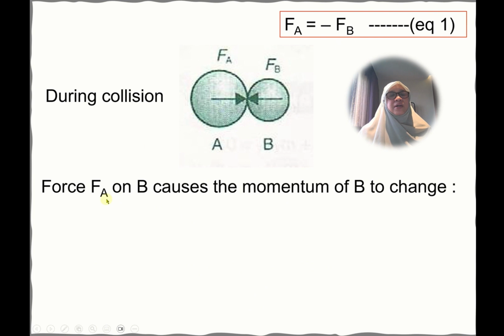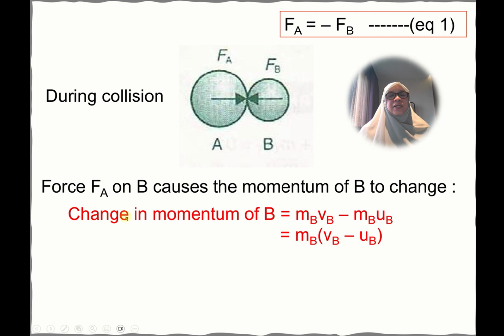The force of A on B causes the momentum of B to change. So we use change in momentum to relate with the force. The change in momentum of B will be MBVB minus MBUB, so we can factor out MB, giving MB(VB minus UB).